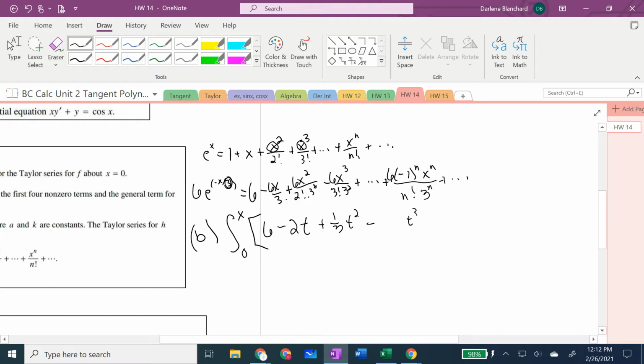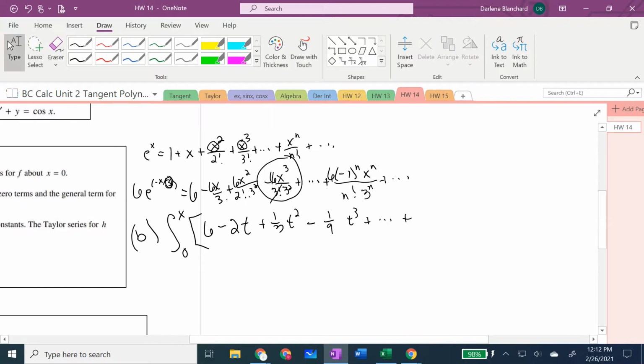And then for t cubed, looking right here, I have these will cancel, leaving me with 1/9. And then for the rest of this, I could simplify it a touch, but I don't think it's really worth it. So I'm going to leave it as t to the n.